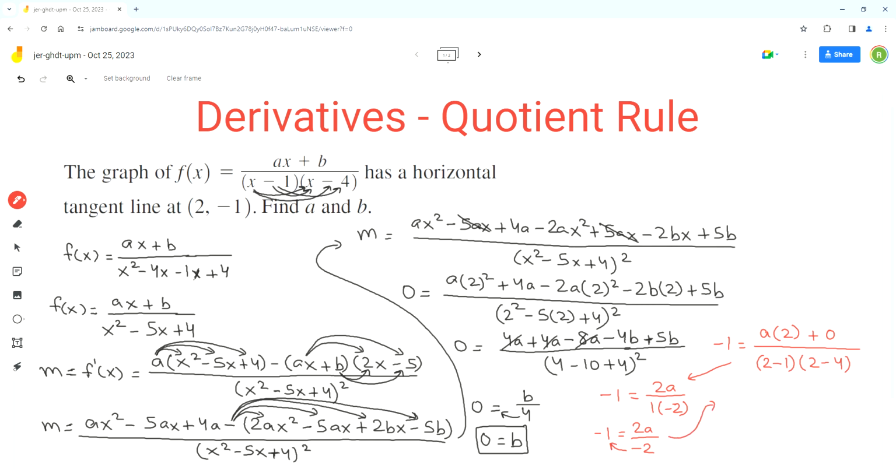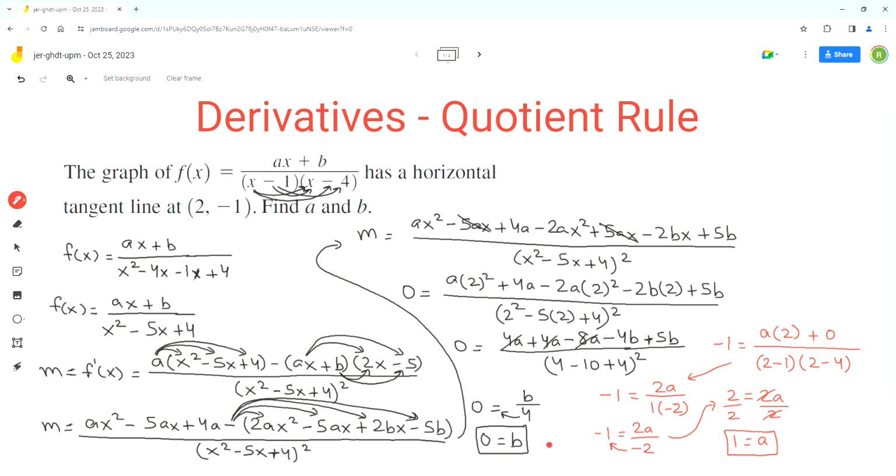So we get 2 equals 2a, because negative 1 times negative 2 is equal to positive 2. And now we can isolate a by dividing both sides by 2. So 2 divided by 2 is equal to 1. So that means the value of a is equal to 1.